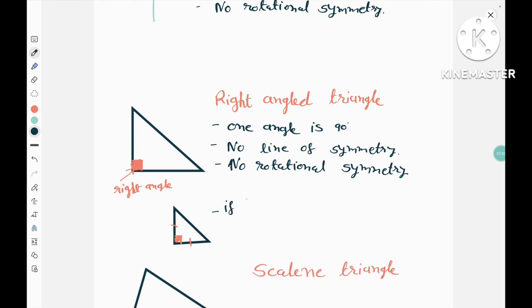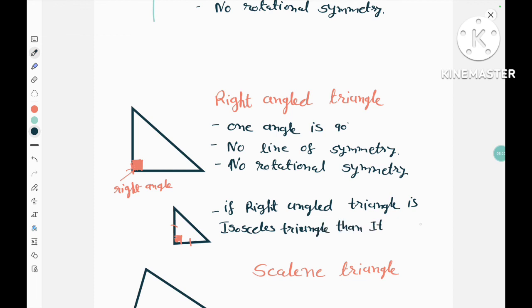So if a right angled triangle is an isosceles triangle, then it has one line of symmetry.